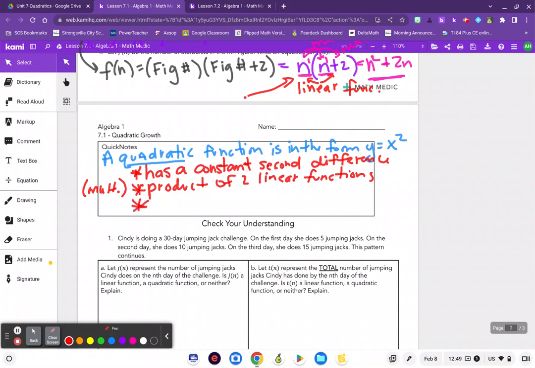And the last thing that I can say about a quadratic function is that the largest degree, and when I say degree, remember from last unit, that means exponent. The largest exponent is 2. Right? There's that x squared. I have an exponent of 2. Okay, so with this information, your job is to give the Check Your Understanding a try, problems 1 and 2. Let me know what questions you have on determining if something is a quadratic function or not, and then try the practice.